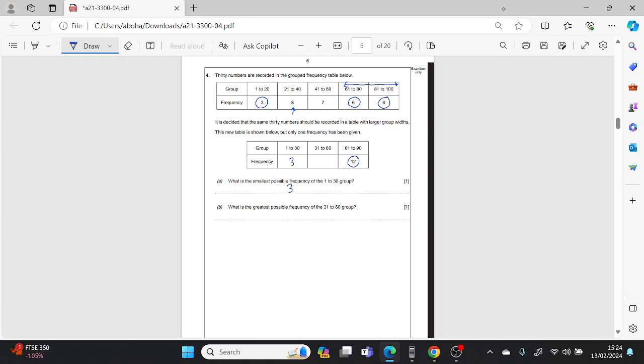So that's why we can't say for certain that anything can be added to that group there. So what we now need to do is consider the following, okay? Well, what's the next number going to be? For the next number, 31 to 60, we know this goes up to 60, which is 7. And then, of course, add on the 8, and the answer is going to be 15. So that's got to be 15 there.